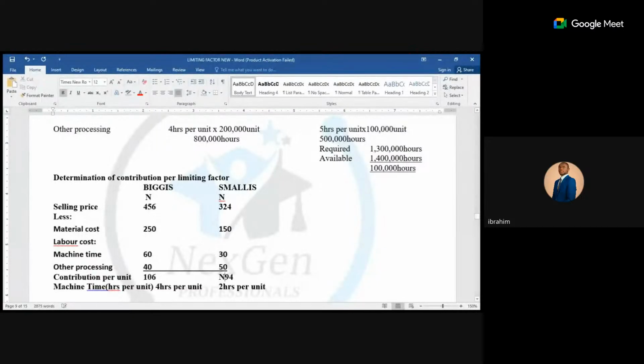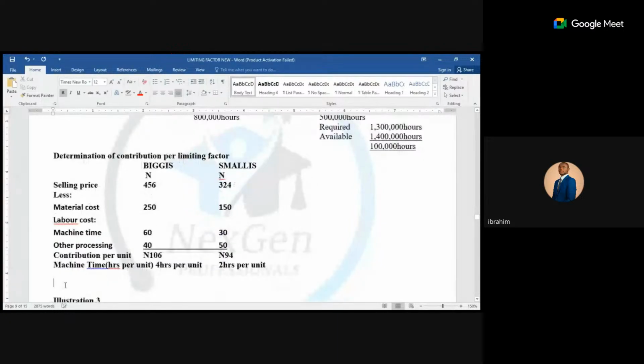Right. Now, this is your A divided by B: contribution per unit divided by the limiting factor, which is the machine time hours per unit. You can have your contribution per limiting factor.